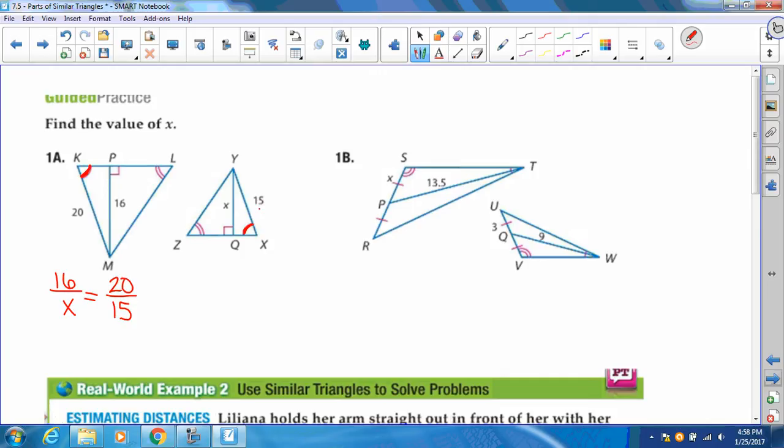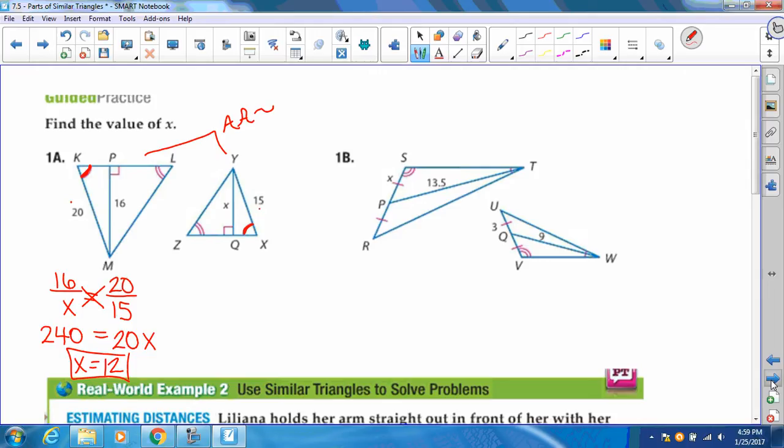So we know those two sides are corresponding. Also, as a quick reminder, we know these two triangles are similar because of angle-angle similarity, so you can set up a proportion. Then we cross multiply. 16 times 15 is 240, and X times 20 is 20X. If we divide by 20, X would be 12.